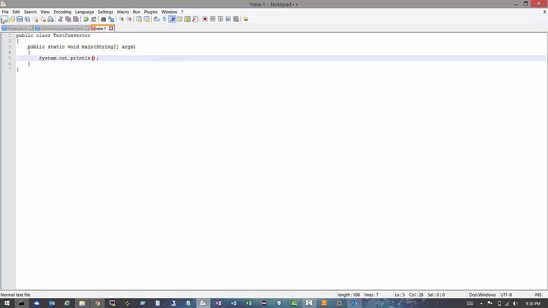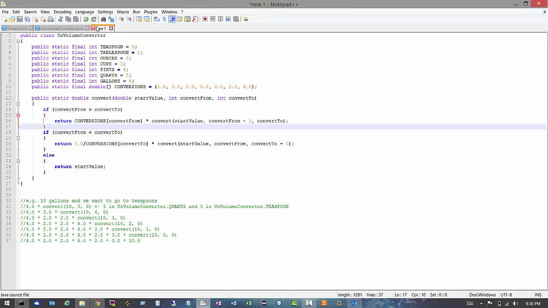It's going to be USVolumeConverter.convert(10, USVolumeConverter.gallons, USVolumeConverter.teaspoon). I think it was teaspoon, not teaspoons. That's correct.